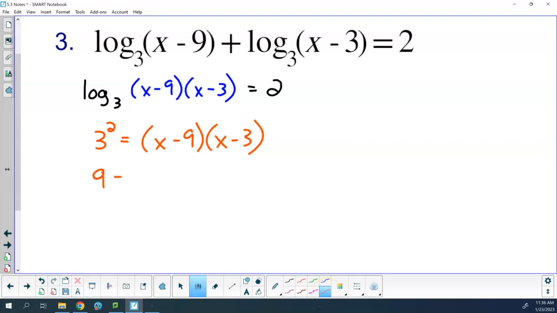Three squared is 9. Quantity x minus 9 times quantity x minus 3 is x squared minus 12x plus 27. Got to get it equal to 0. So we're going to subtract 9.